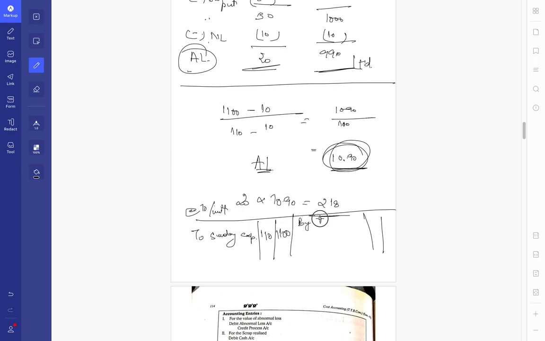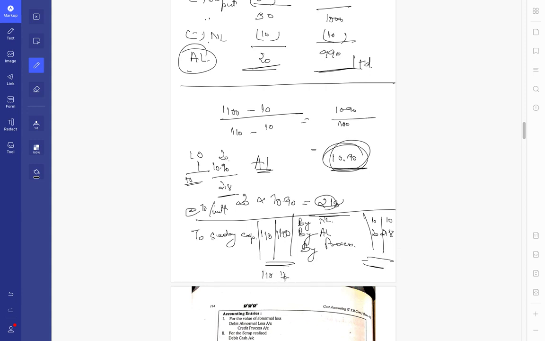We know our normal loss, and even normal loss of 10 units at scrap value of 1, that would give us 10. So 10 units at 1 rupee rate is 10. We also got to know that we had incurred an abnormal loss of how much? 20 units. And at what rate? 10.9. That would give us 218. Here we calculated 20 units at 218. So how much do we transfer to the next process? Simple.